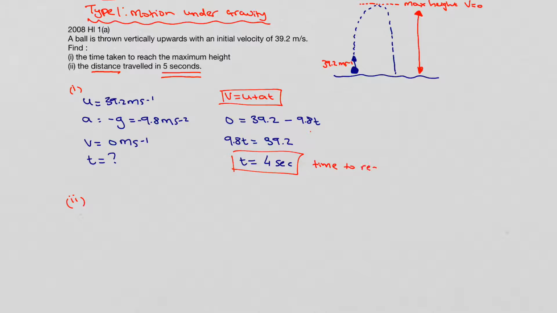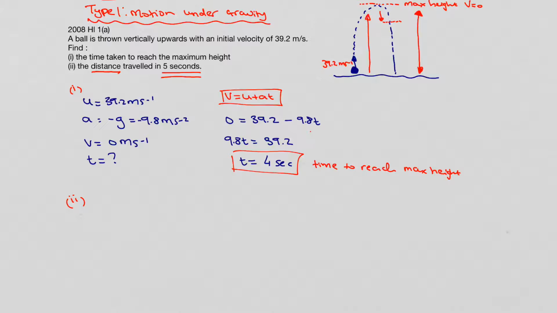So if we look at the first part, we have 4 seconds is the time to reach maximum height. So therefore it's gone up for 4 seconds and it's on its downward path for 1 second. So we're going to be roughly somewhere along here. So that means it has to go up in my diagram and come back down.